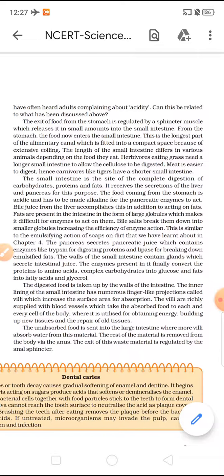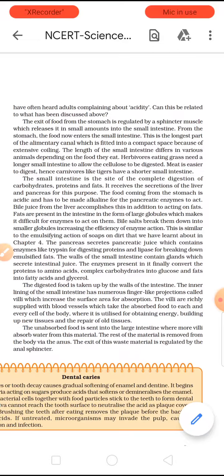The unabsorbed food will be sent into the later part of your large intestine, where more villi absorb water from this material. So you can say that digestion finished in the small intestine, while absorption will start in the small intestine and continue in the large intestine also.